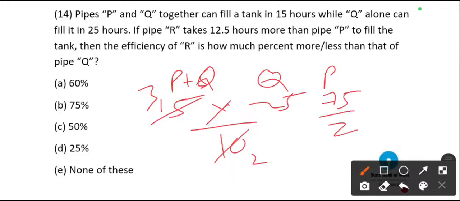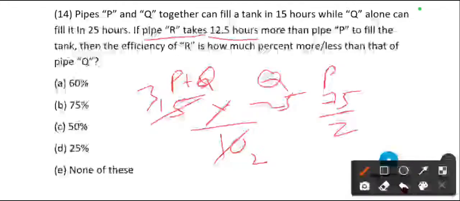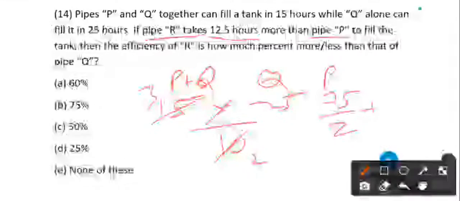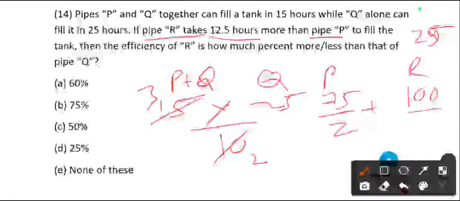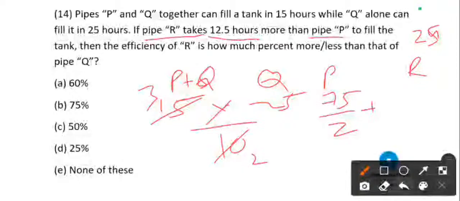If R takes 12.5 hours more than the time taken by P, R takes 12.5, which means 25 by 2. So 75 plus 25, 100 divided by 2. So it will take 50. So R takes 50.